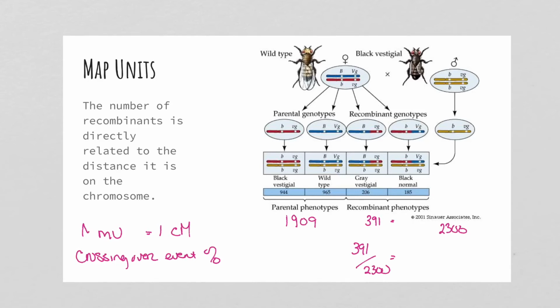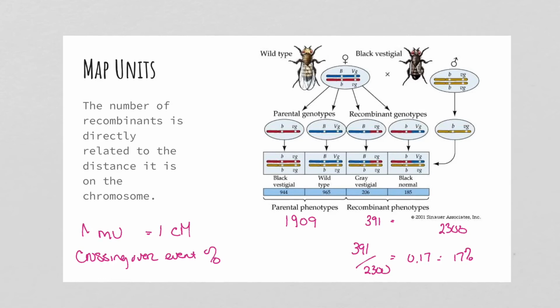And that would give me approximately 0.17, which in percentages is 17%. And so I would say that these two genes are 17 map units, or 17 centimorgans, away from each other.